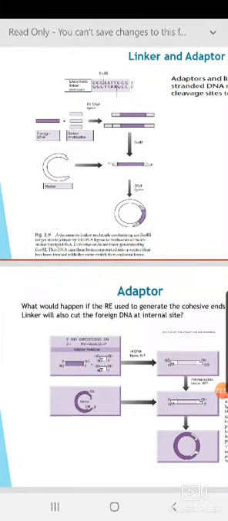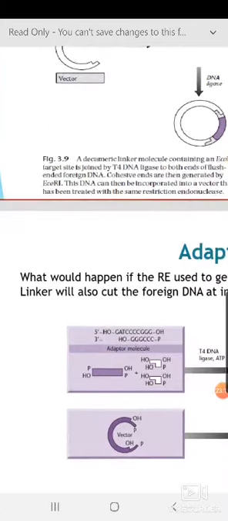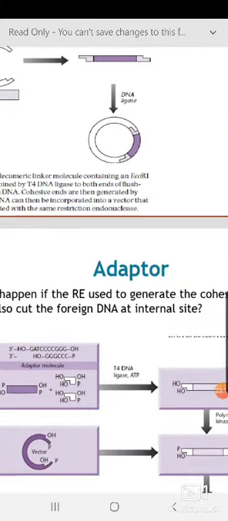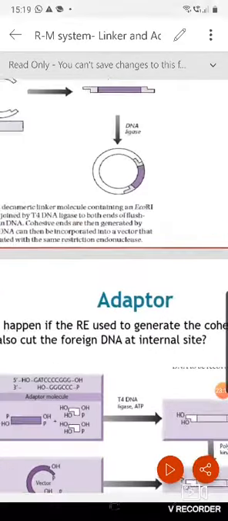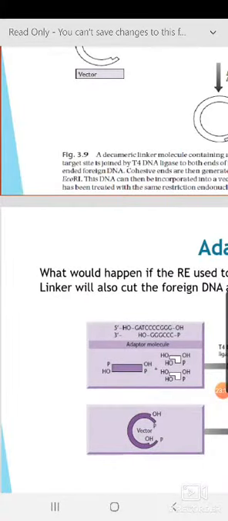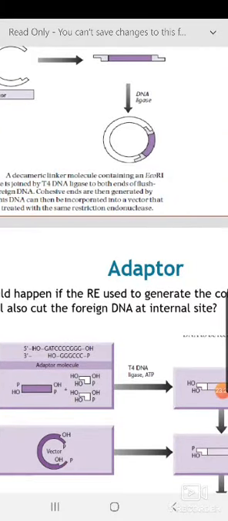Our next discussion is the adapter. Now an adapter is also a synthetically designed double-stranded DNA molecule. Why do we need to use an adapter? What would happen if the restriction enzyme used to generate the cohesive end in the linker also cuts the foreign DNA at an internal site?